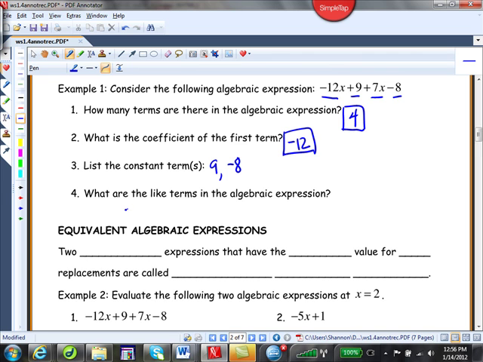Well, we've got -12 times x and 7 times x, since they both have x to the 1's in them, and 9 and -8.